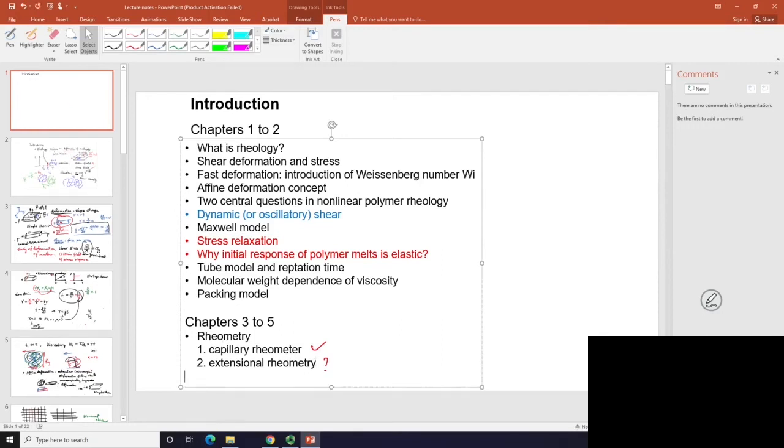It's not my intention to ignore the shear part, the shear rheometry, okay? In fact, much of what will be discussed involves shear rheometry. So let me just, the issue is it's very, I wouldn't call it boring, but it's very, very standard.